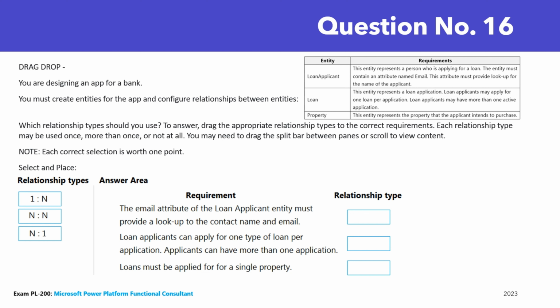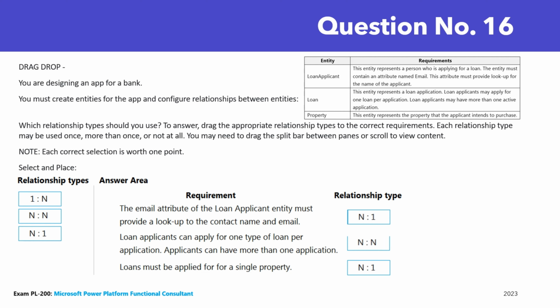Which relationship types should you use? To answer, drag the appropriate relationship types to the correct requirements. Each relationship type may be used once, more than once, or not at all. You may need to drag the split bar between panes or scroll to view content. Note, each correct selection is worth 1 point.